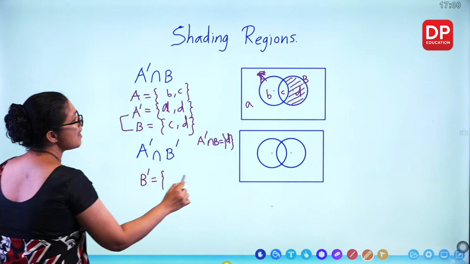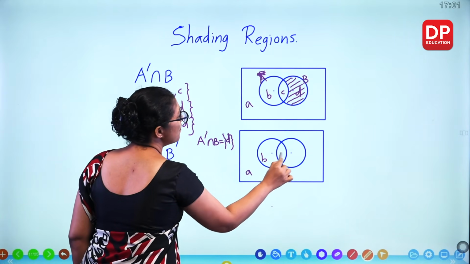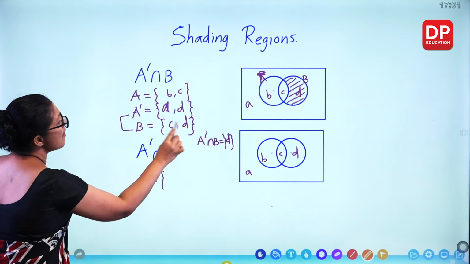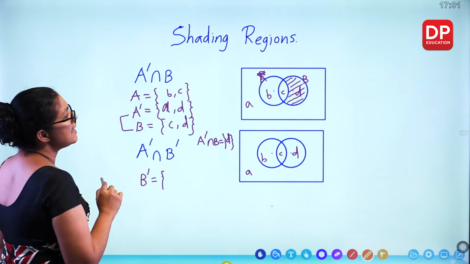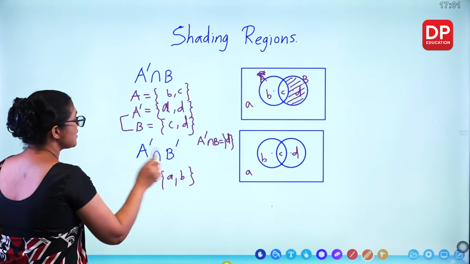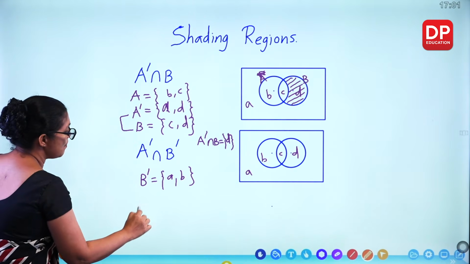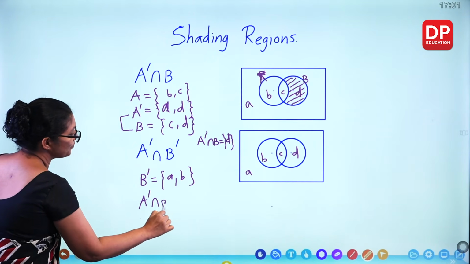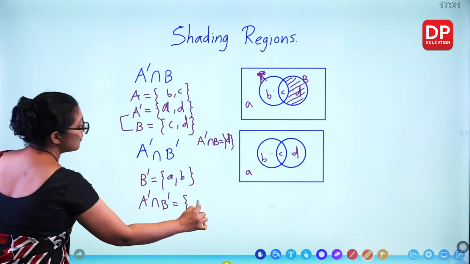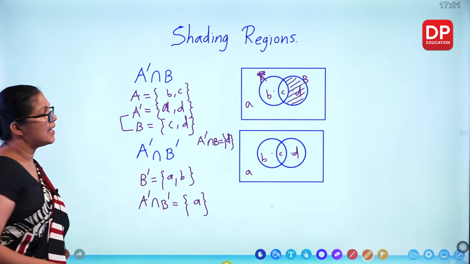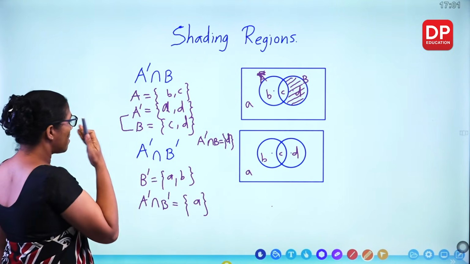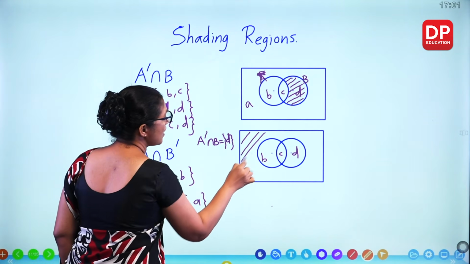Using the same letters like this, B dash is everything outside CD, A and B. Now what's common for A dash and B dash? A is common. So you have to shade the A region. So this part.